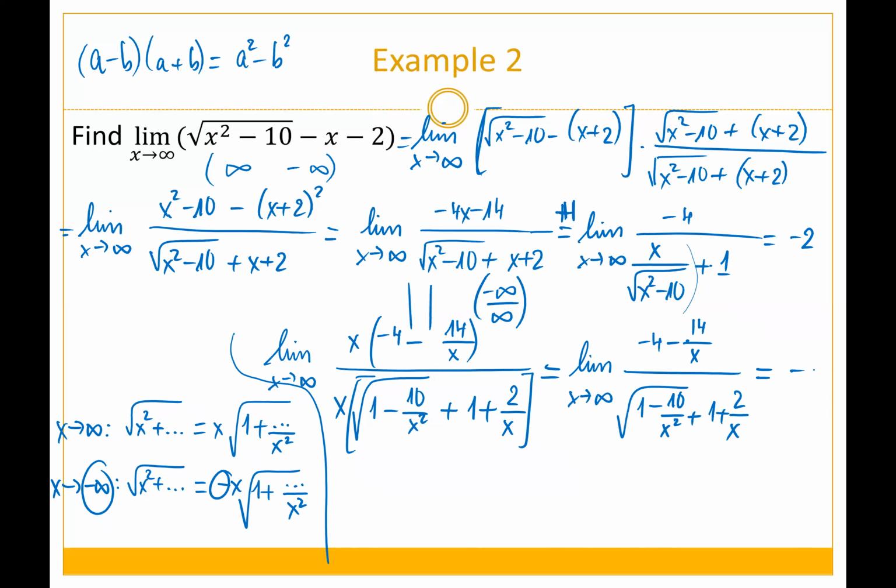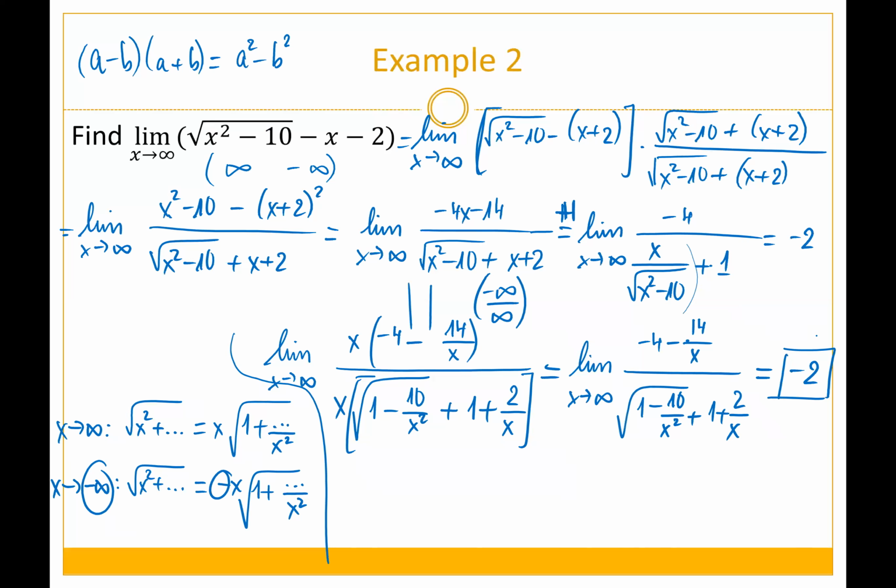So what you have left again is negative 2. So negative 2 is my final answer for this question. Again, there are two ways you can approach it as you go to infinity, when you make it into a quotient already.